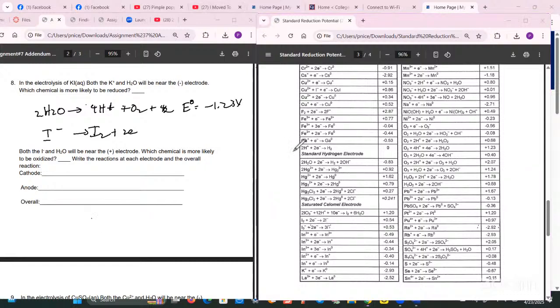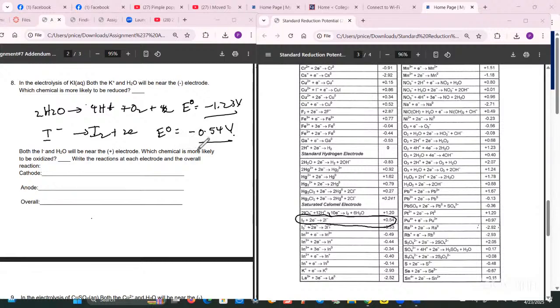Now this here is the reverse. So the value I'll be looking at here is for the standard EMF, that will be equal to minus 0.54 volts, right? Okay, so compare these two, which one is higher? Which one of these two would be of a higher value?